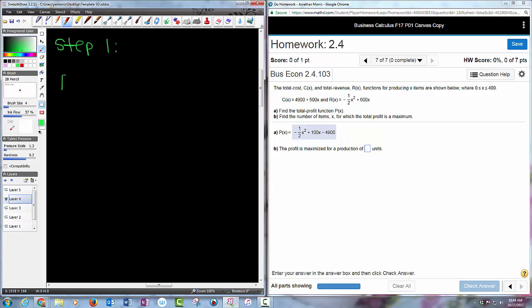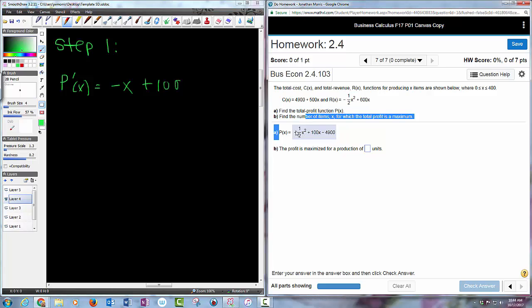So P prime of x, the derivative of the profit function, will be negative x plus 100. I'm taking the derivative of the P of x. I'm going to go ahead and find P double prime of x, which is negative 1.